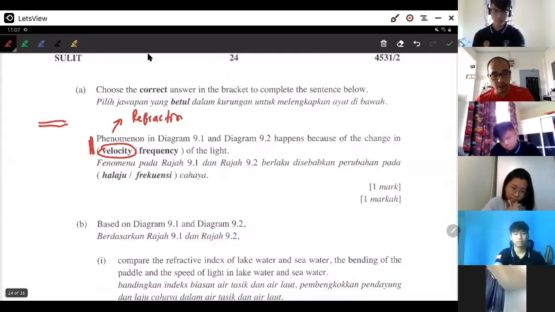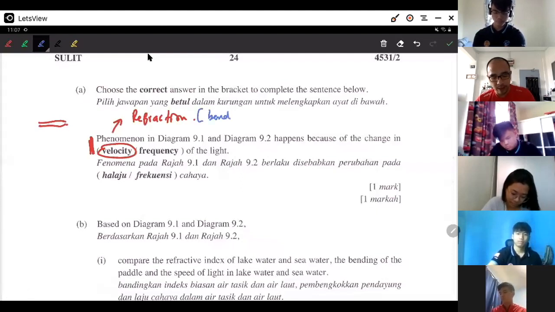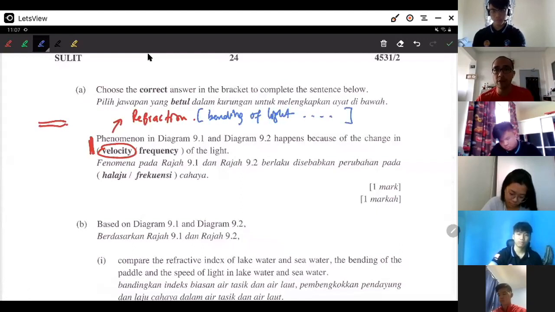Just to recap, refraction is the bending of light when it passes through two different mediums. So don't forget the full definition of it. I'm just giving you the first three words. Refraction is the bending of light because of different mediums or change of speed or velocity.